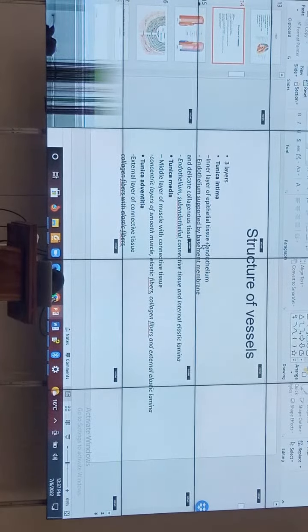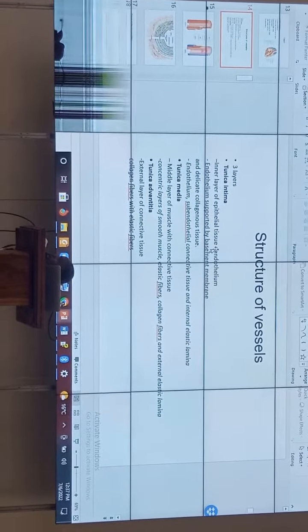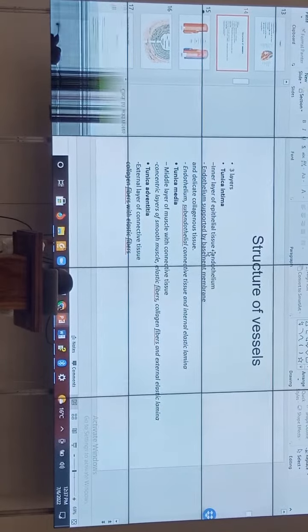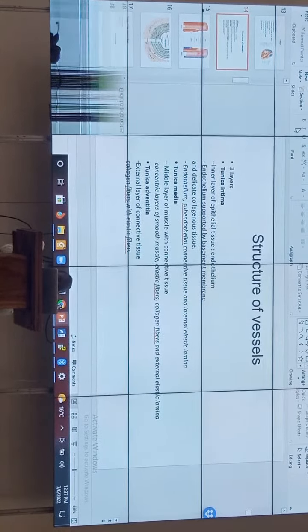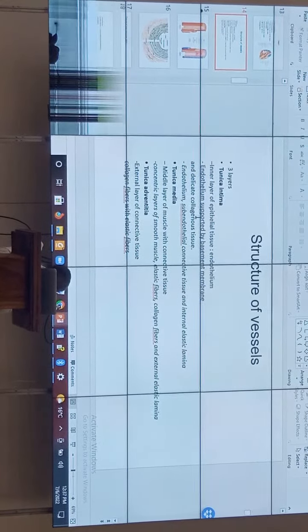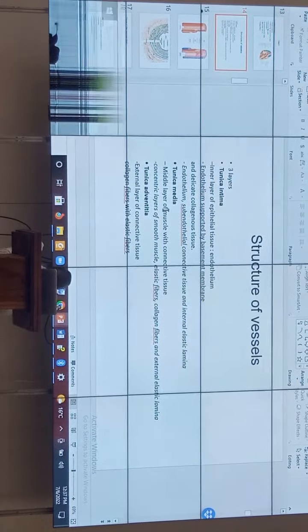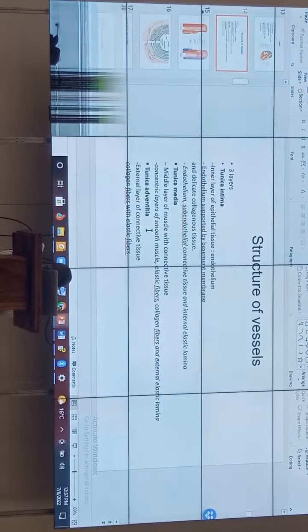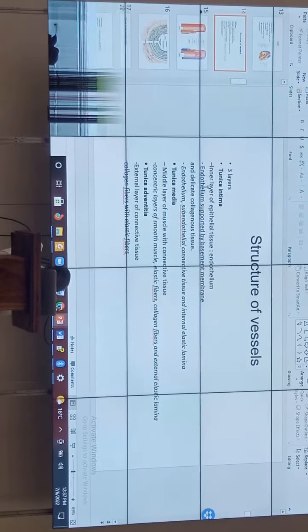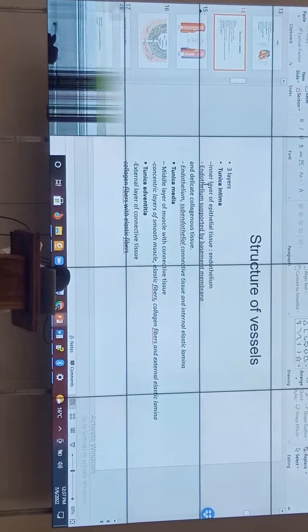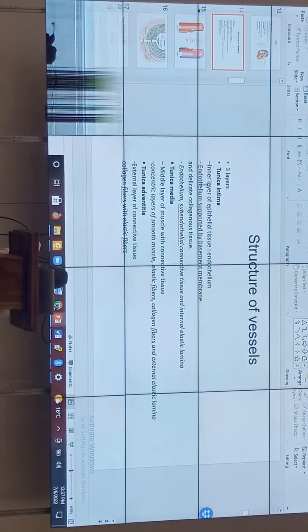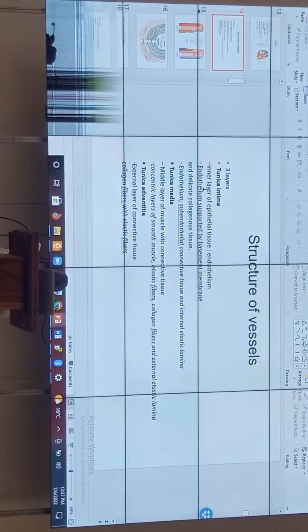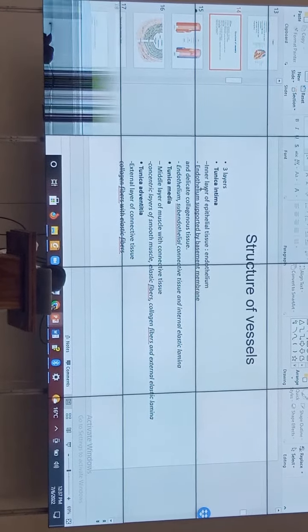Clear? And already we say that all the structures of the circulatory system comprise those three layers. This is what we are talking about: the tunica intima, the tunica media, and the tunica adventitia. So let's see what makes up the tunica intima. The tunica intima, starting from the luminal aspect, is made up of an endothelium.